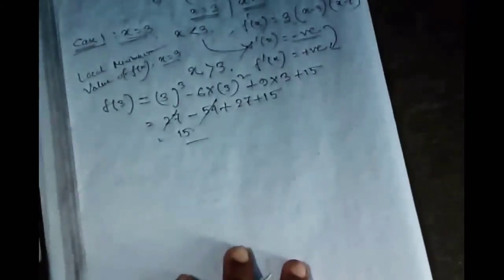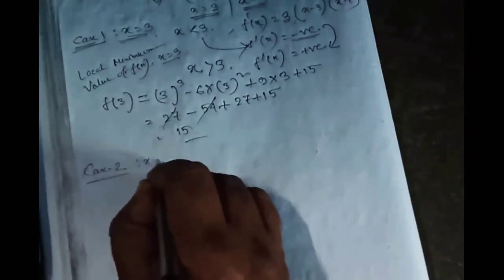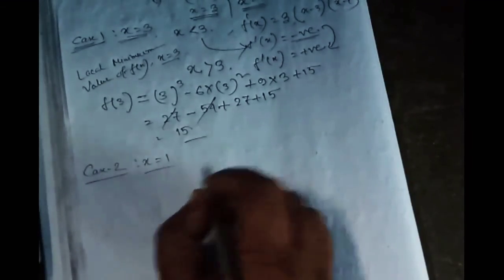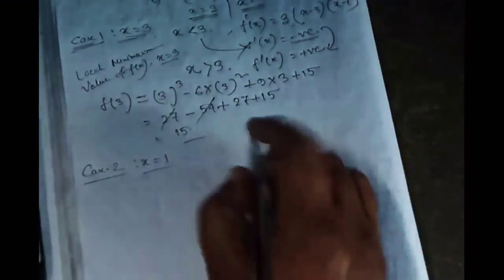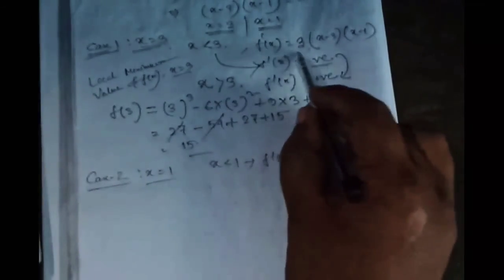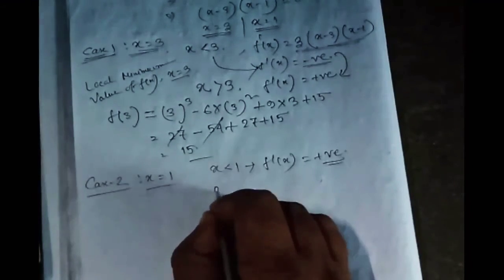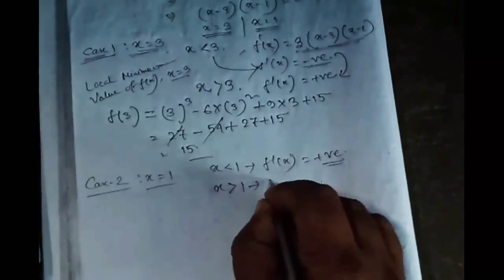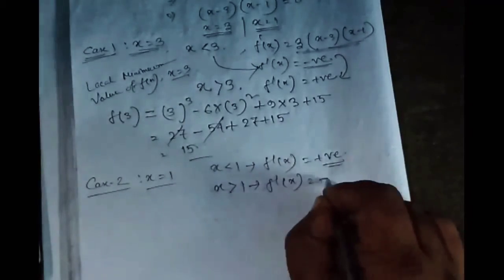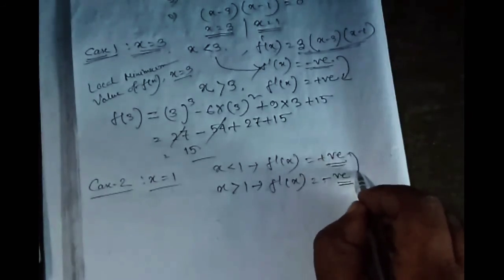Next, case 2, when x equal to 1. If we take x slightly less than 1, then the sign of f dash x becomes positive, and if we take x slightly greater than 1, then the sign of f dash x should be negative. So f dash x changes sign from positive to negative.